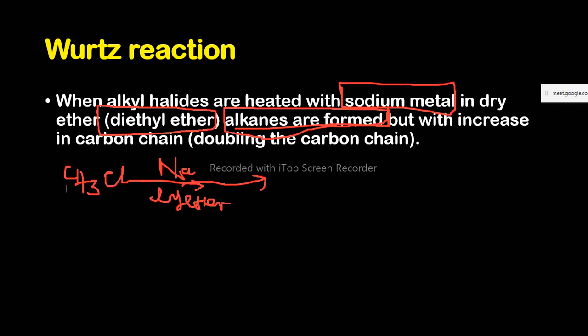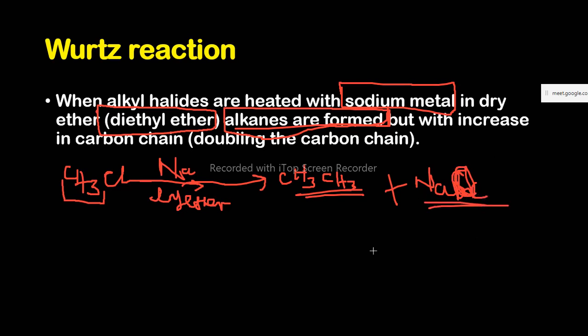However, the number of carbon atoms is going to double, so that I form CH3CH3, plus the sodium chloride. But for us in organic chemistry, we are always interested in the organic part. Is that hard?